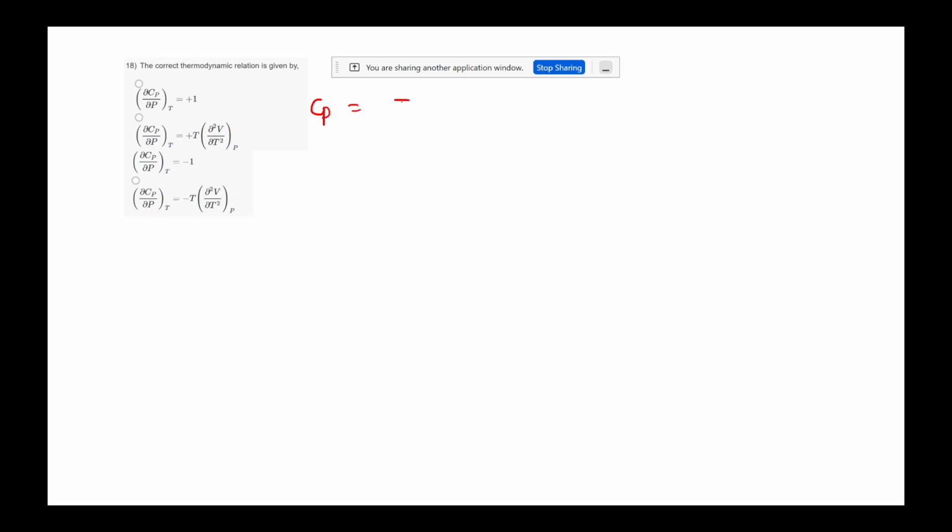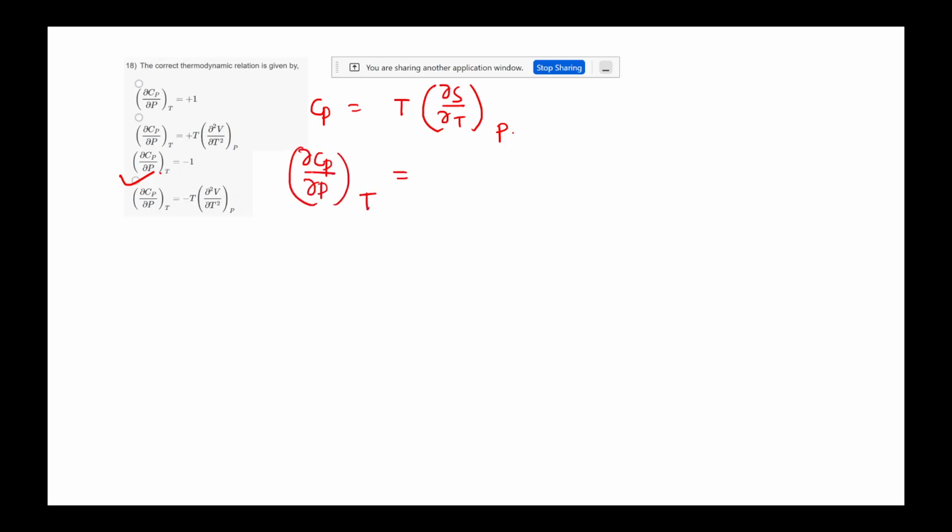Cp is T del S del T. This last one, no? Professor Arnab Mukherjee did this in one of the tutorial problems. But we have to solve it. So we need one Maxwell relation here. Let me just do it, I will give you one hint and then you do it.